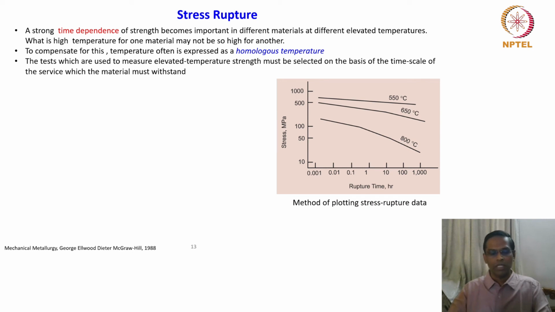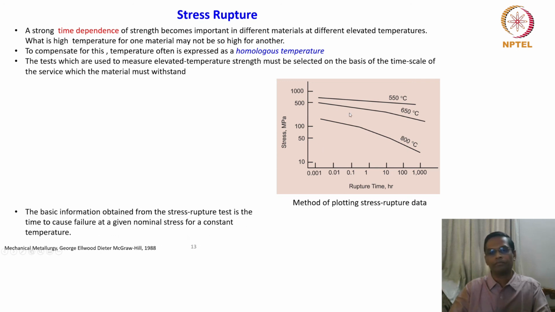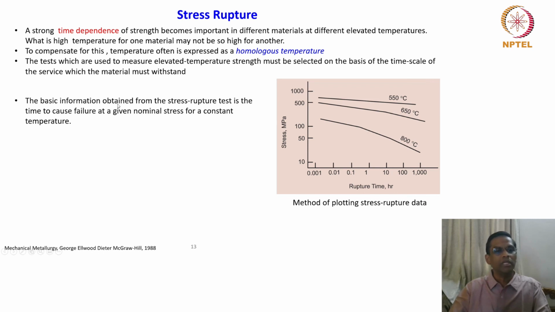The stress rupture data is plotted like this: stress versus rupture time. You can see that you do not always get a straight line for most of the tests. The basic information obtained from the stress rupture test is the time to cause failure at a given nominal stress for a constant temperature.